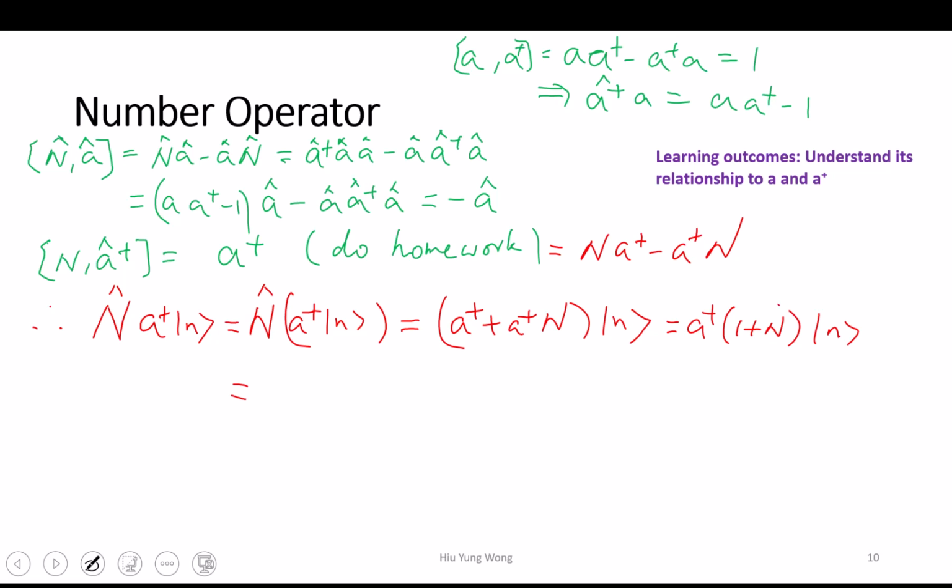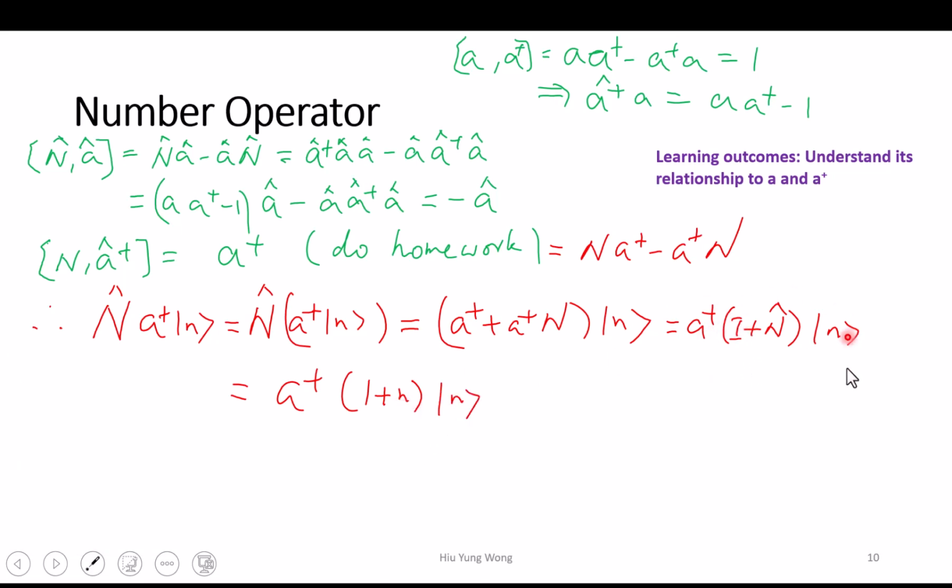So maybe it's time to make this a vector plus identity times n. So what is 1 plus n applied to n? What is identity applied to n? n, which is 1 times n. What is n applied to n? Lowercase n. Do you see this?